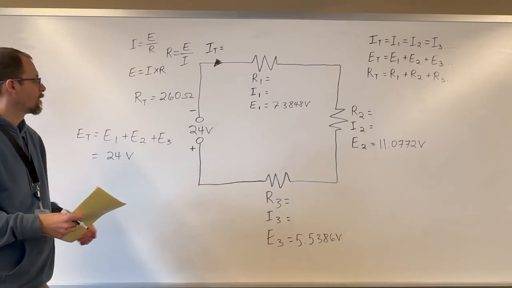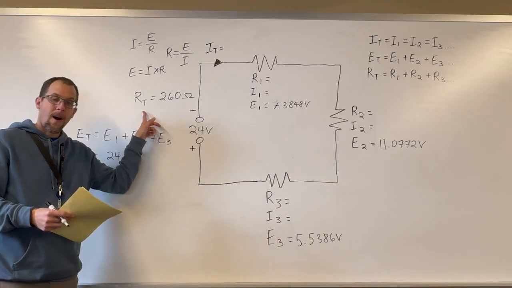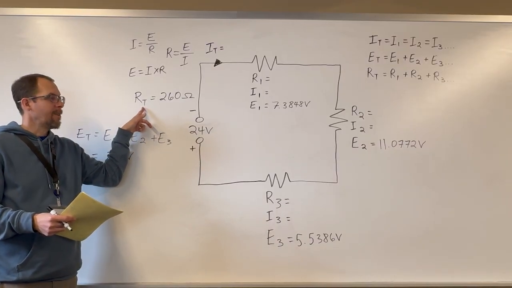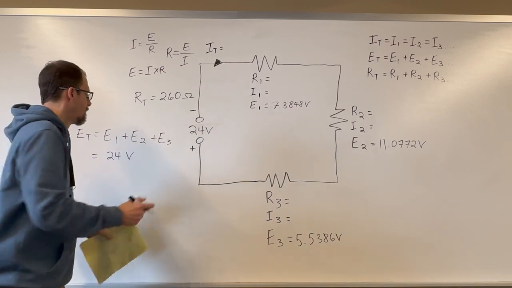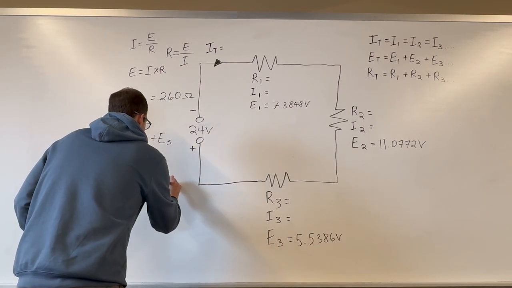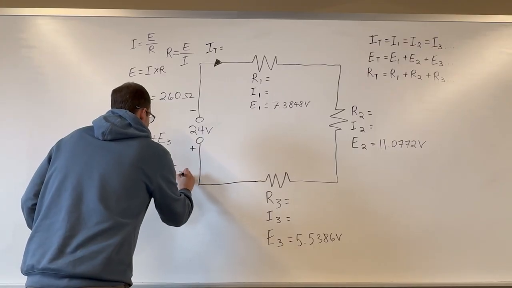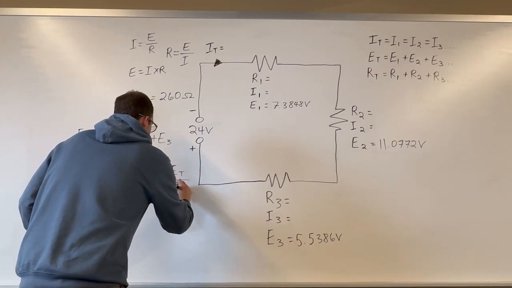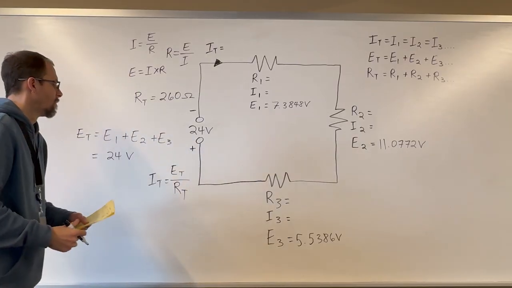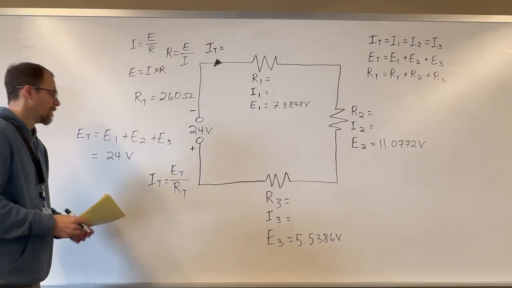Now that we have a source voltage and we know our resistance total, can we figure out our I total? IT equals ET over RT. Perfect. What is our ET?